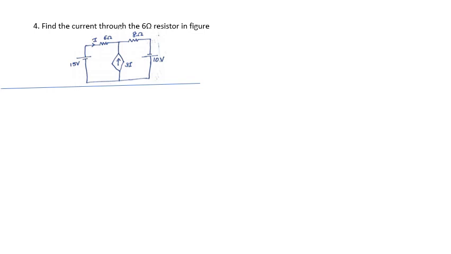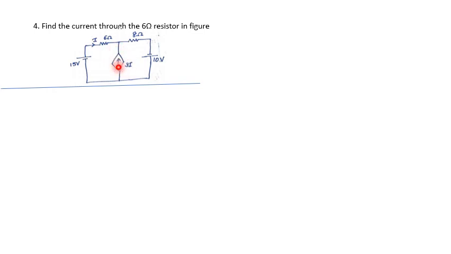This is the question. Find the current through the 6 ohm resistor in the figure using the superposition theorem. Here we have two independent sources, a 15 volt independent voltage source and a 10 volt independent voltage source, and a 3I dependent current source.